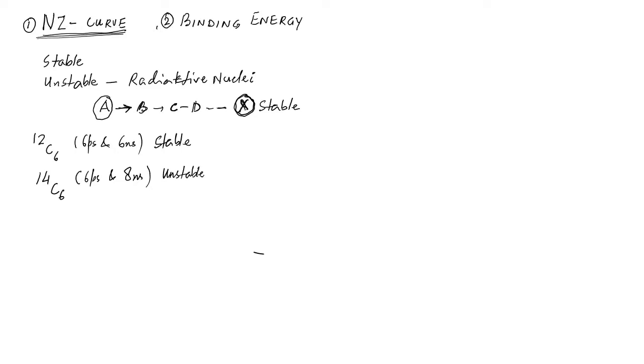So carbon-14 is unstable, and the moment it is created in any nuclear reaction, it decays into nitrogen-14 with 7 protons and 7 neutrons, and it becomes stable, through a process which is known as beta decay.